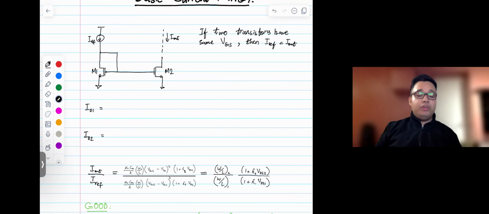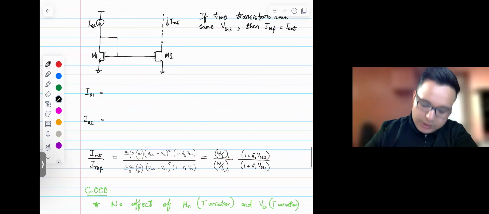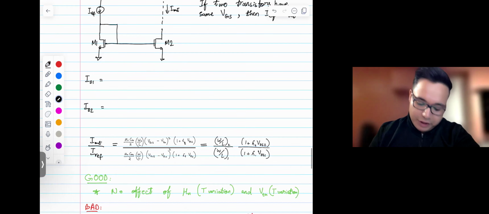And so here we have VGS1 equal to VGS2, and if the aspect ratios, the sizes of both transistors, the W by L of M1 and M2, are the same, then I ref and I out would be the same. So let me start writing out some equations. Again, this is assuming that all the transistors are parked in saturation.